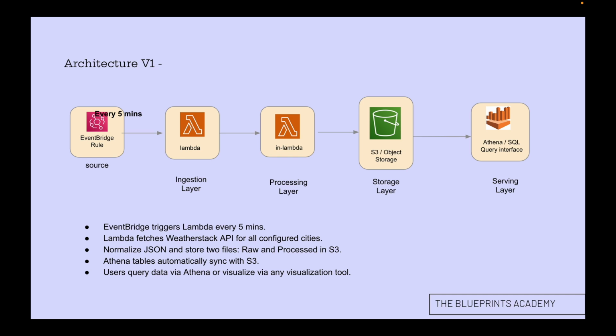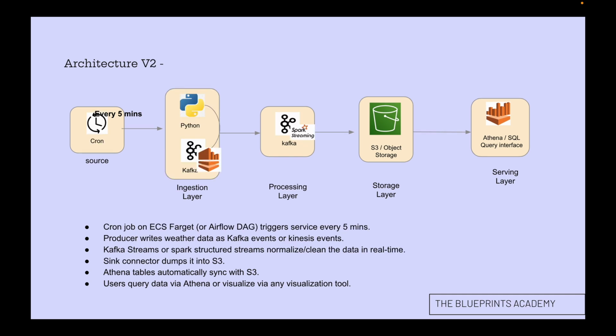Now, of course, we have more complex options, right? So if we go with another architecture, it could be a cron job, which is doing nothing but triggering a Python application, which is pushing these events to Kafka or Kinesis. Now you have the events, and you can have Spark Streaming or Kafka Streams to process them. You might be wondering why I need Kafka Streams or Spark Streaming.